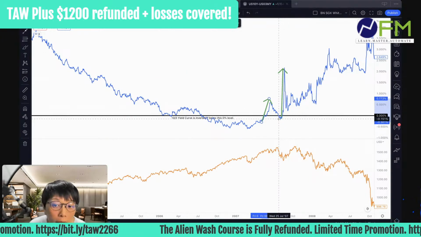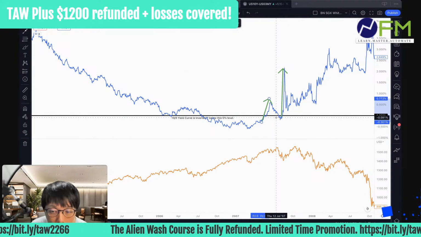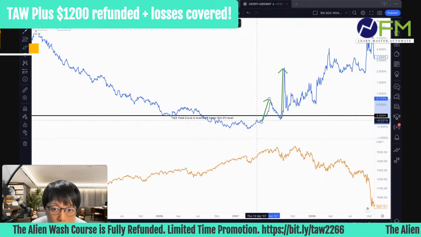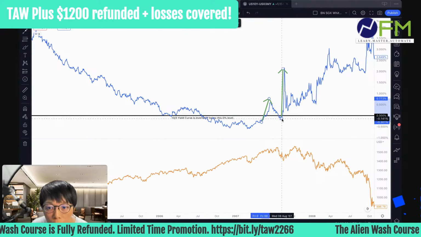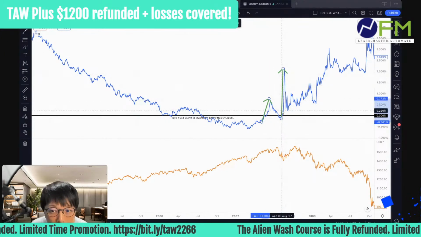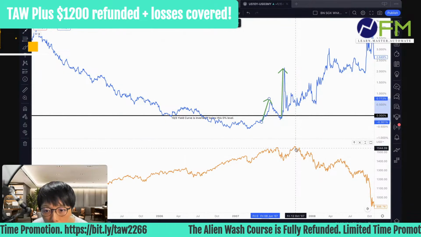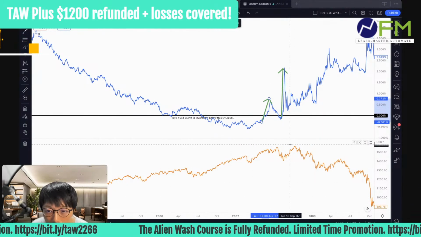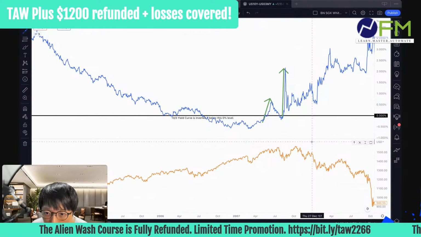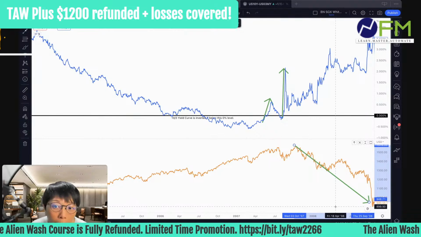This was the first attempt to move away from 0%, where initially the yield curve inverted, and there was the first attempt to move out of the inversion. We had that very steep move up, and shortly after, what happened? The market actually crashed. The market moved up a little bit and then moved down from here. We saw this crash happening.